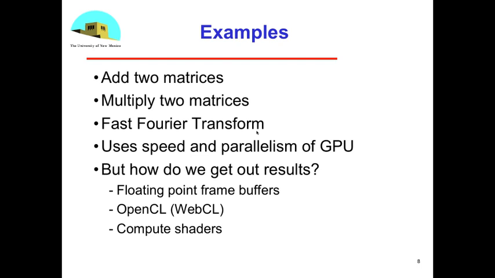The standards groups are about to come out with WebCL, which will now work with WebGL. It's interesting, and if we had more time, or perhaps in an advanced course, we'd talk about it, but it allows you to use the memory that's available. And there's a tremendous amount of memory now on the GPU or attached to it.